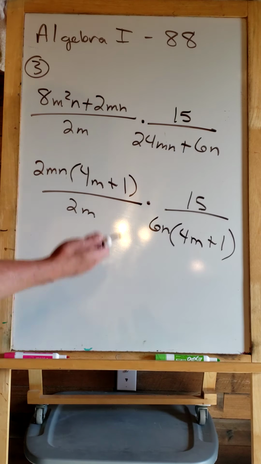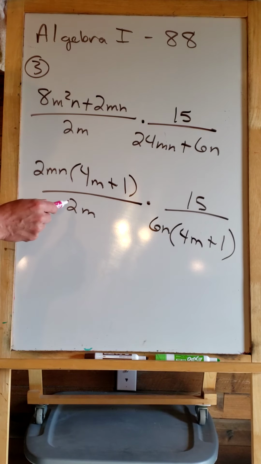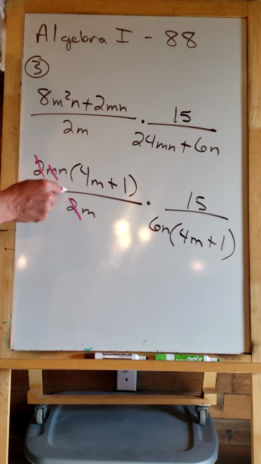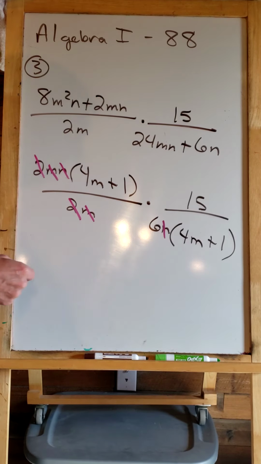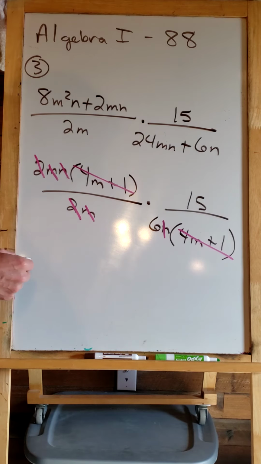Okay? Now, what can we cancel out? What can we simplify? Well, this has a 2 and 2. Cancel out my m's. Over here, I can cancel out an n. I can also cancel out 4m plus 1.